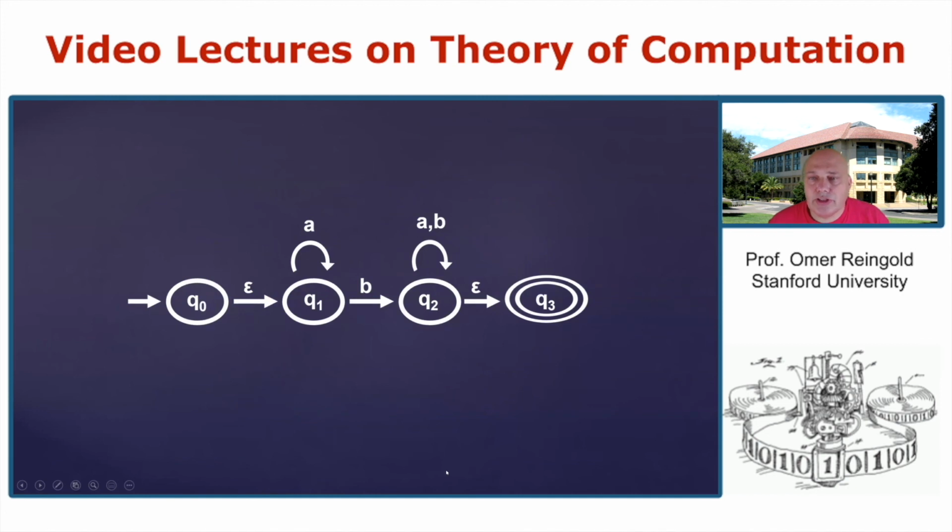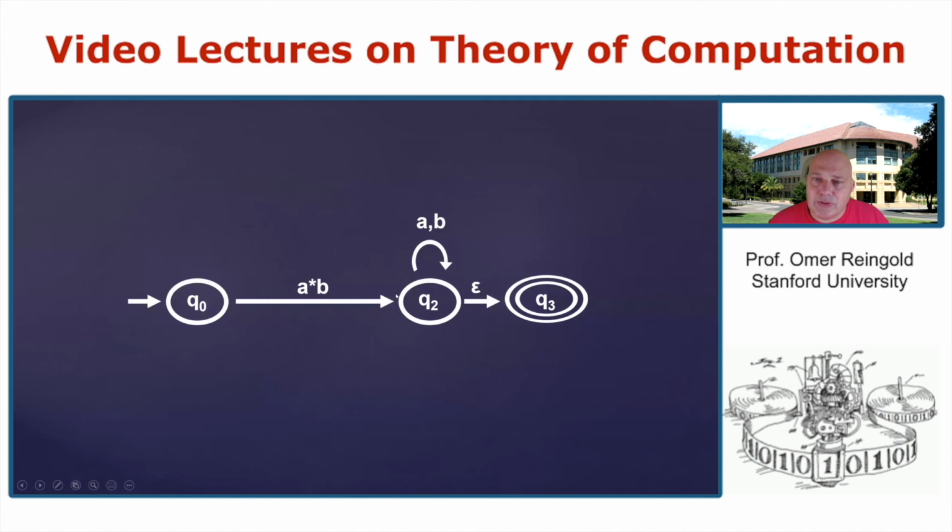So let's do it just by an example. If this is the NFA we start with, we need to remove two internal vertices. Let's remove this one. To remove this one, it's an empty string, any number of A's, and then B. So this is just A star B. And now we need to remove this one.